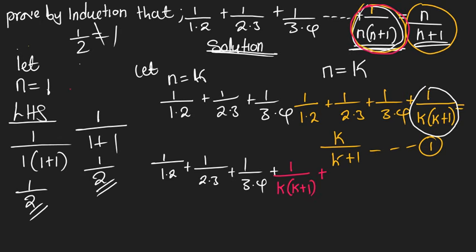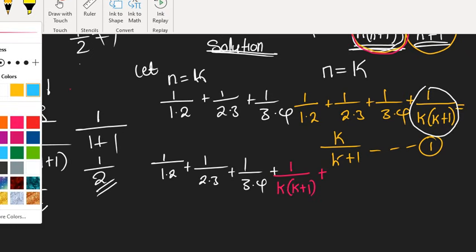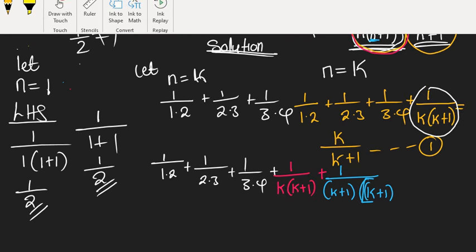So, 1 over k plus 1, where there is this n, I'll replace with k plus 1. Then plus 1.